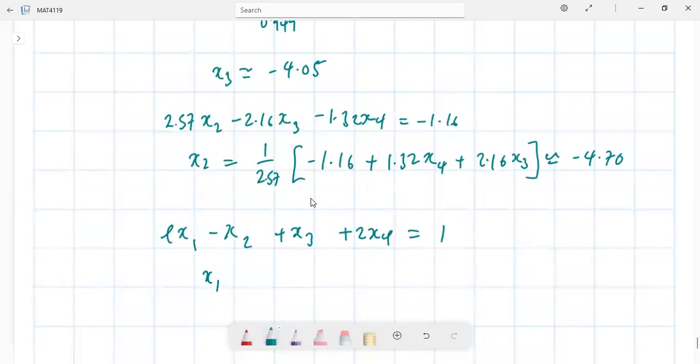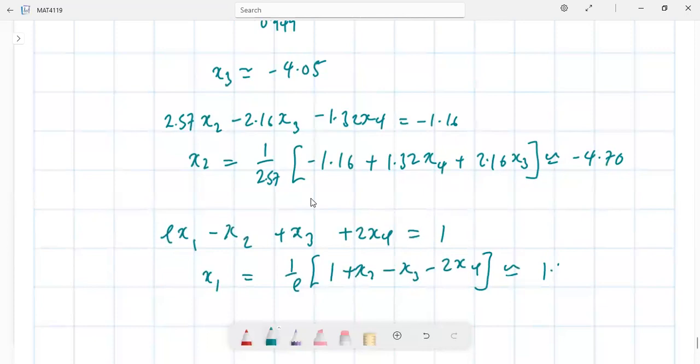And so x1 will give you 1 over, in brackets, 1 plus x2 minus x3 minus 2x4. And then again, you substitute the values of x2, x3, and x4 there. They should give you approximately x1 equal to 1.34.